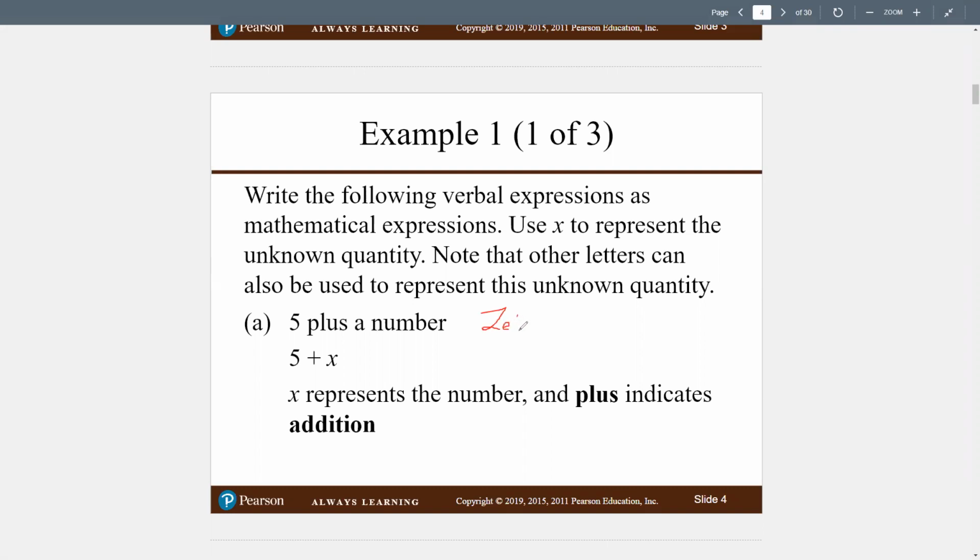Let x equal the number. Okay, it can be that easy.